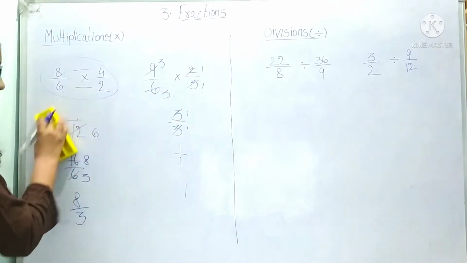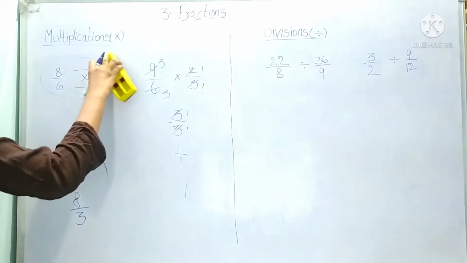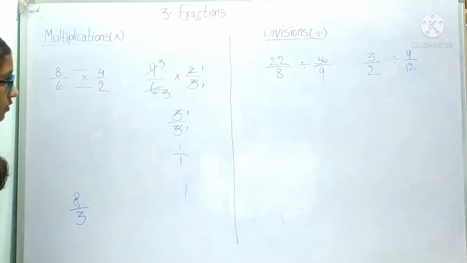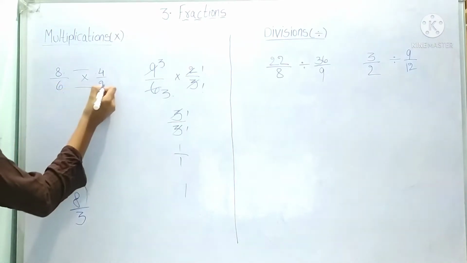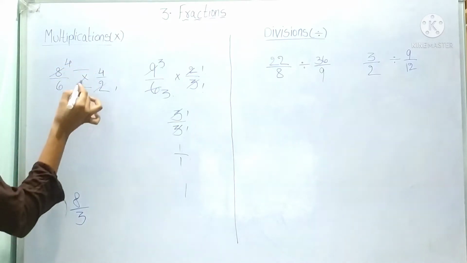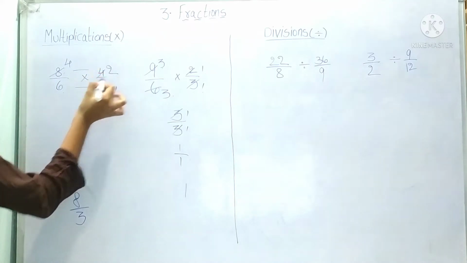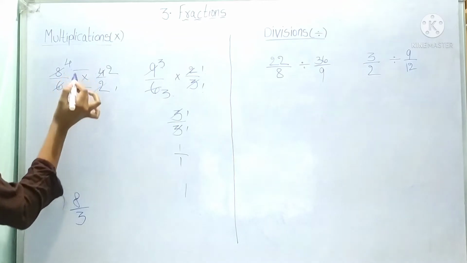Wait, one, you can see. Here I am rubbing. This 8 by 3 only I will keep, this answer. And the same output will become by whichever method we do. So here 2 ones are 2, 2 fours are 8. And 2 twos are 4, 2 threes are 6. So 4 into 2.